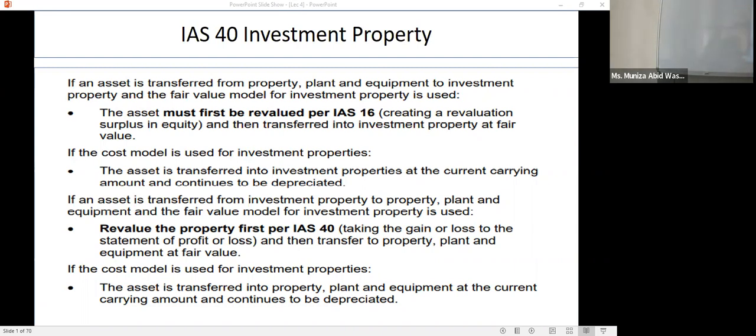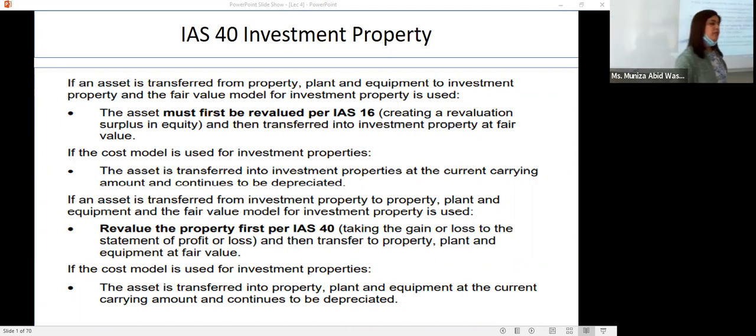Whenever you will be studying, try to do these standards collectively: IS 16, IS 38, and IS 40. Because these three are similar standards. All these standards are based upon the non-current assets. IS 16 is for tangible non-current assets, IS 38 for intangible non-current assets, and IS 40 is again for tangible non-current assets, but it is related to the investment property.